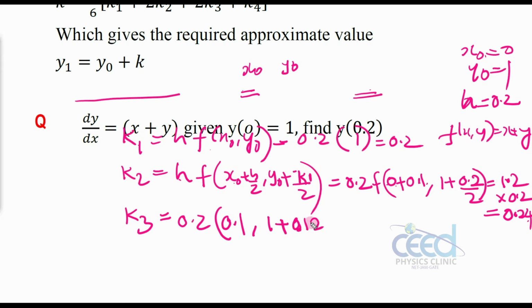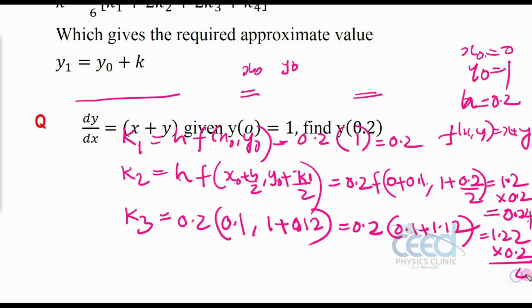So 1.12, that is 0.2 into 0.1 plus 1.12, that is 1.22 into 0.2, so that is 0.244. So k3 is equal to 0.244.